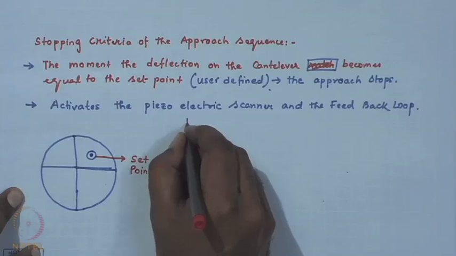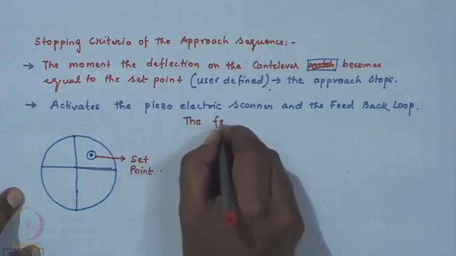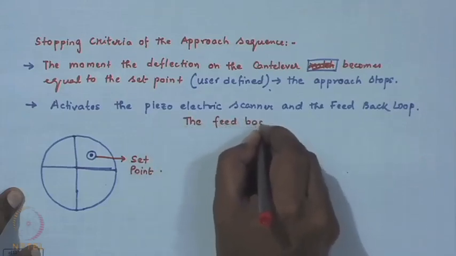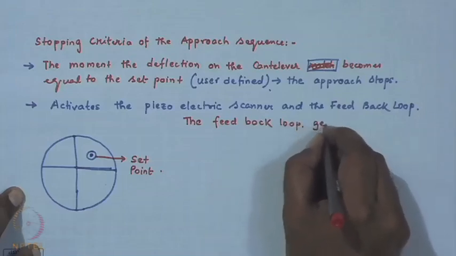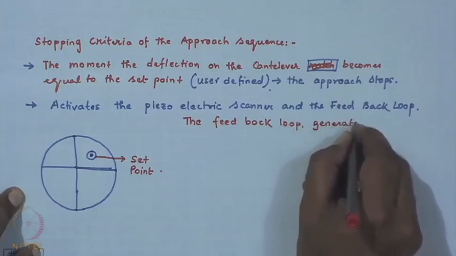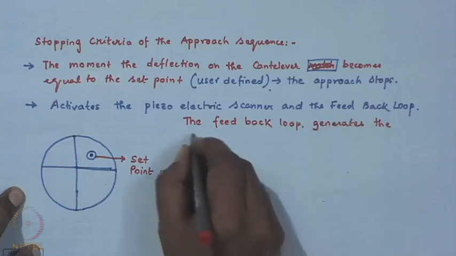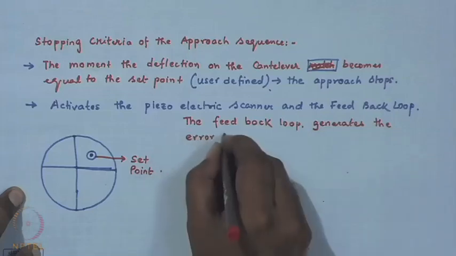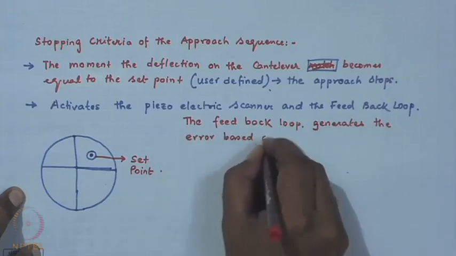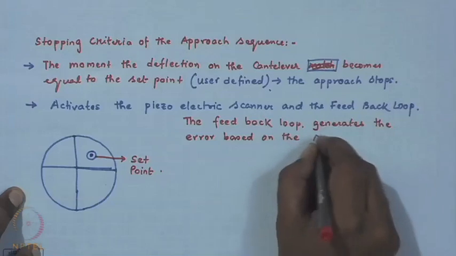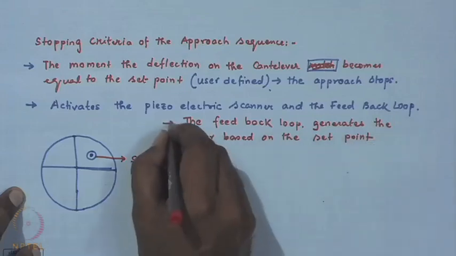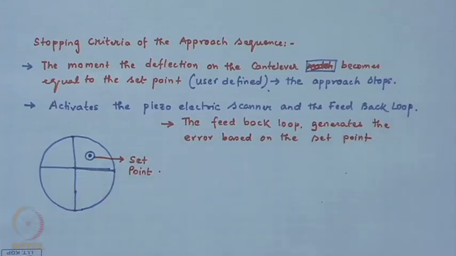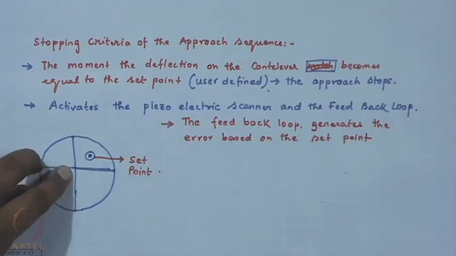The feedback loop, please do not confuse that the feedback loop generates the error from the center of the QPD.